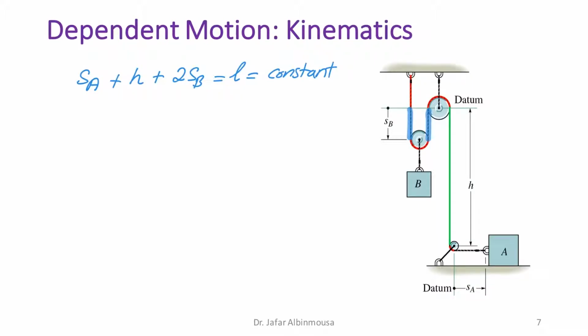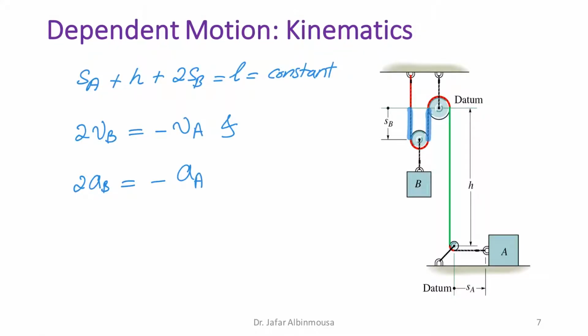Now we differentiate with time, and what are we going to get? We are going to get 2VB equals minus VA. And we are going to get 2AB equals minus AA.